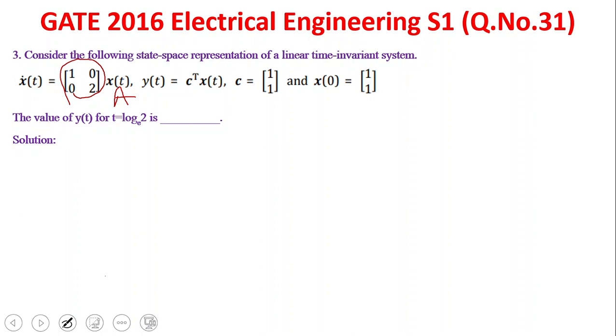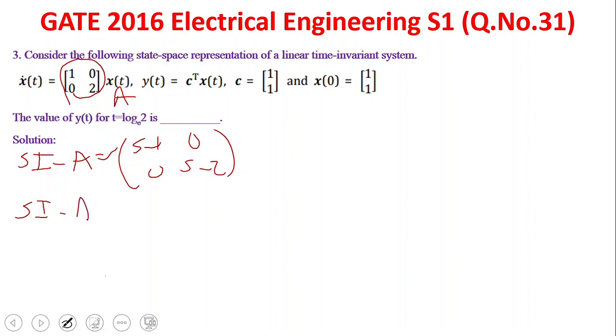Now, how to find out sI minus A inverse? For that, first you have to do sI minus A, which is s minus 1, s minus 2, 0, 0. Therefore, the next step is sI minus A inverse. Therefore, 1 divided by determinant of sI minus A, that is 1 by (s minus 1)(s minus 2).